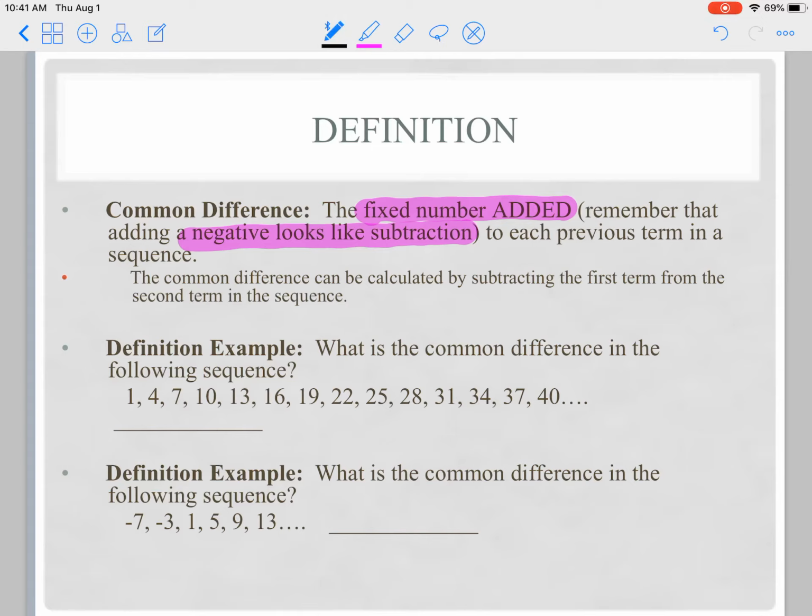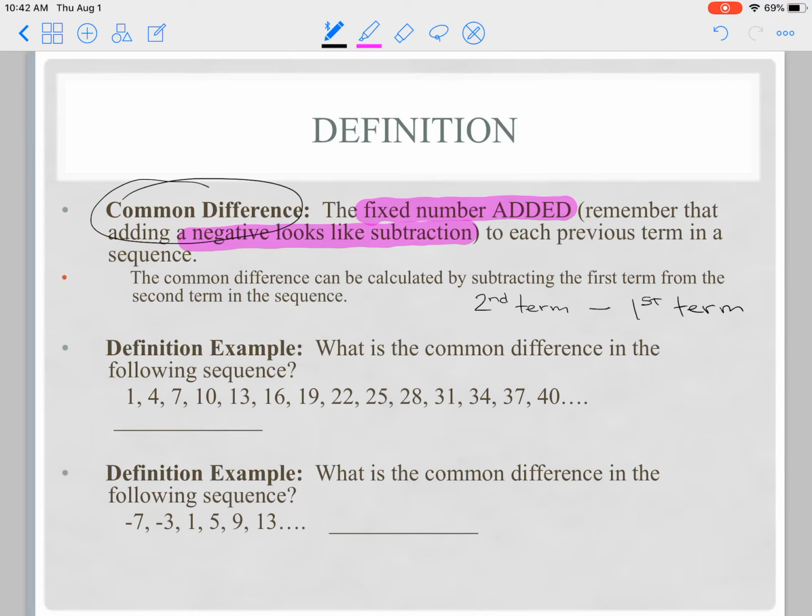So if we're doing that on paper, the second term is going to be on the left, and then we're going to subtract the first term, and that's going to give us our common difference.